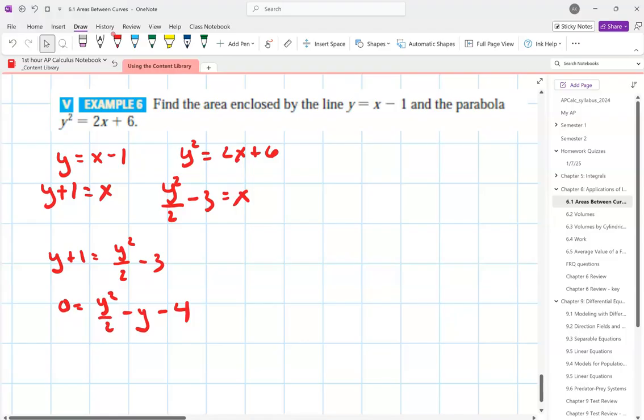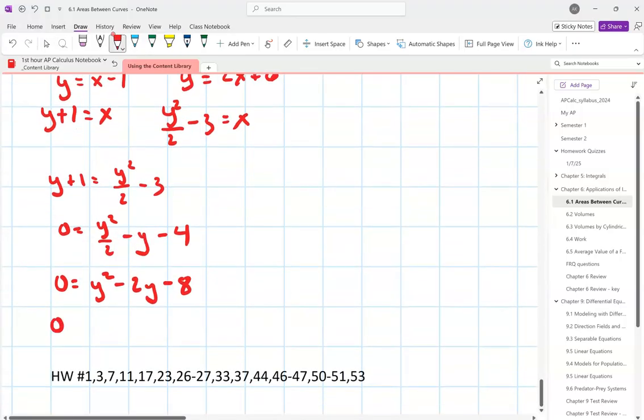And then I would probably multiply both sides by 2 because I do not like that fraction in there if I don't have to have a fraction, which I don't. And then I could either factor this or try using the quadratic formula.